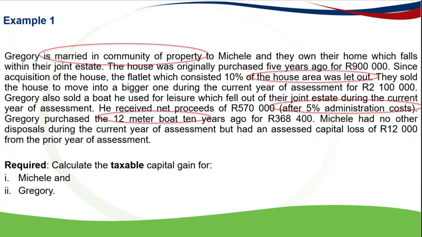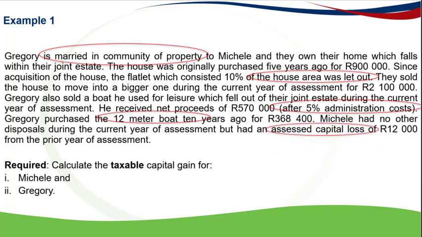This means that even though this asset is used for leisure purposes, the capital gain will not be disregarded as it is a personal use asset. However, if Gregory makes a capital loss on the disposal of this asset, then the capital loss will have to be disregarded.